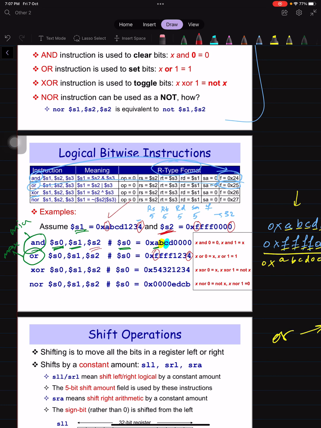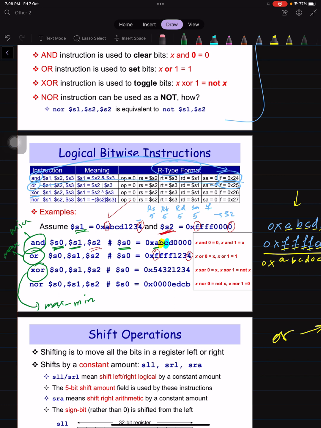Now for the XOR, so what is it exactly? The XOR is actually maximum minus minimum. Okay, this is XOR.